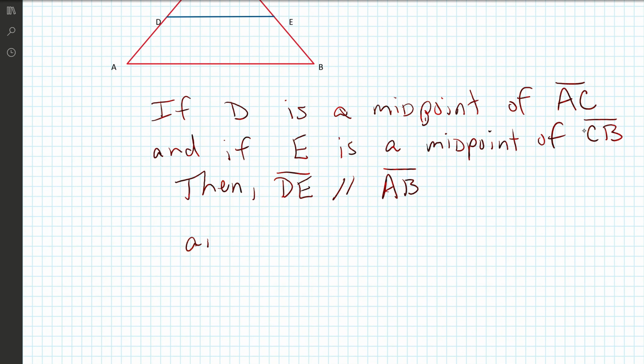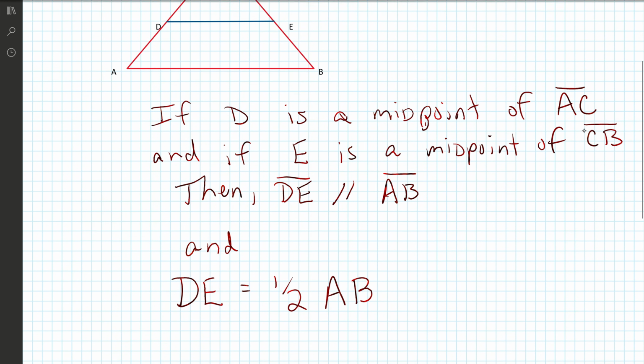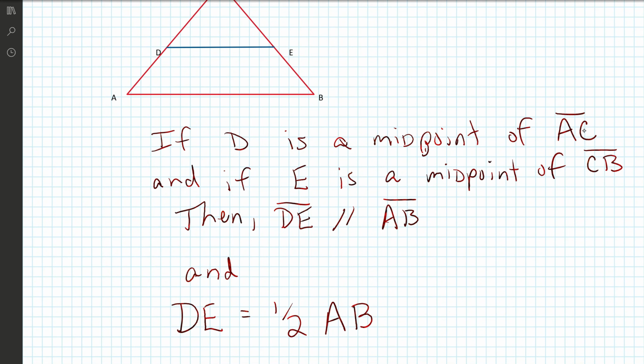It also tells us that DE is equal to 1/2 times AB. DE is equal to 1/2 of AB. So this line segment DE is calculated by calculating 1/2 of the length of AB.